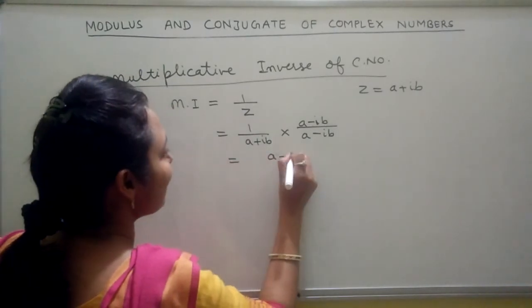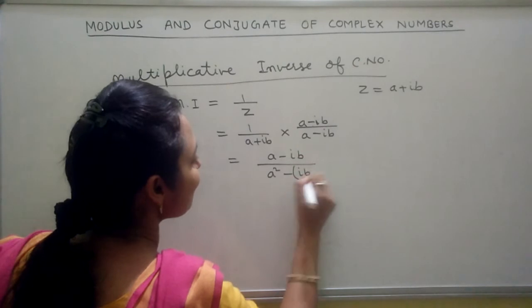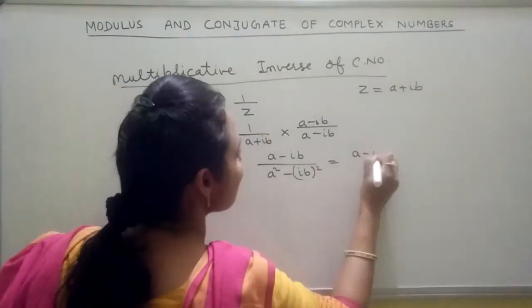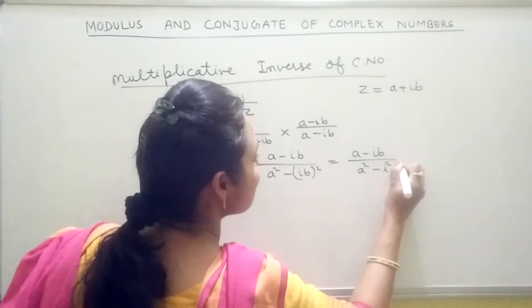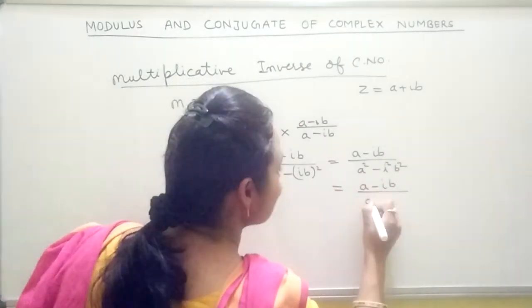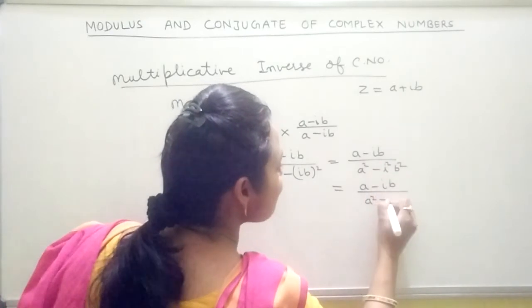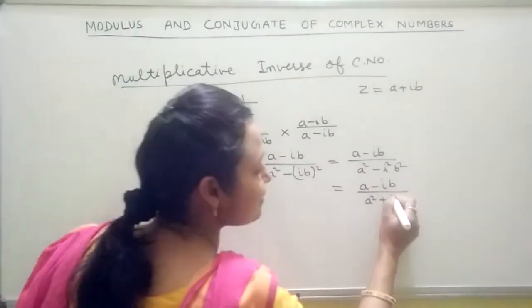This will equal a minus iota b upon a square minus iota b whole square, that is a minus iota b divided by a square minus iota square b square, which equals a minus iota b upon a square plus b square, because iota square is negative 1.